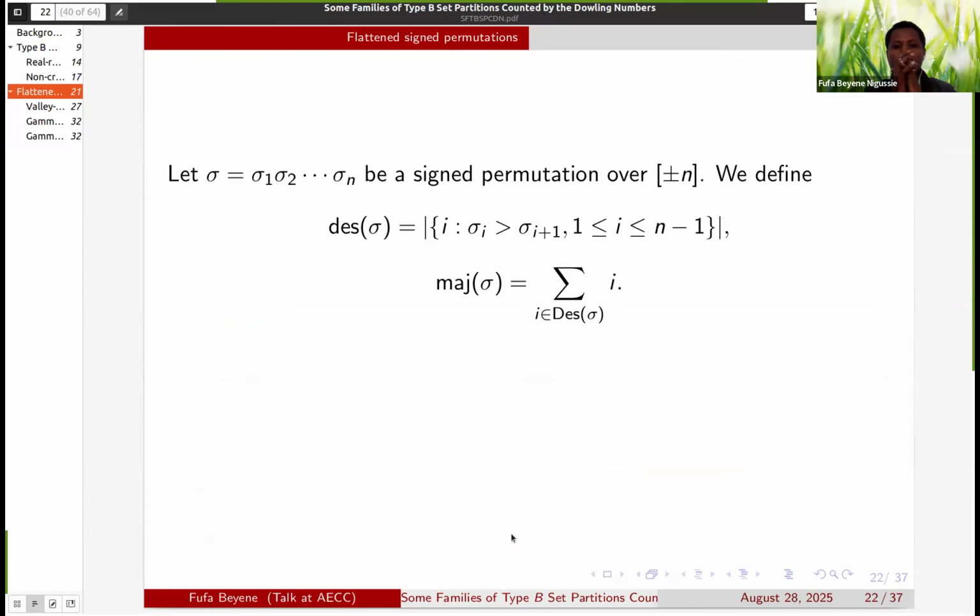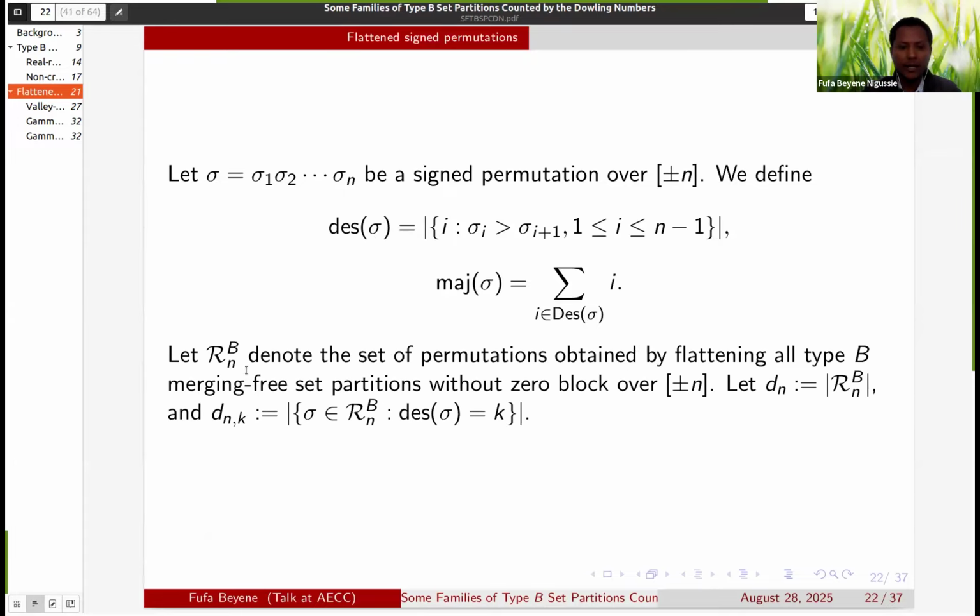We define descent and the major index. These two statistics are defined in a similar fashion as for ordinary permutations. There is a descent at i if sigma_i is greater than sigma_{i+1}, and the major index is the sum of all indices i where i is a descent.